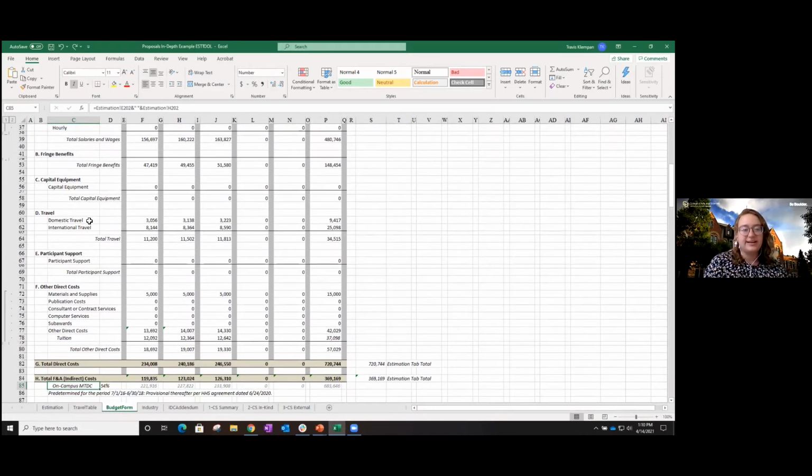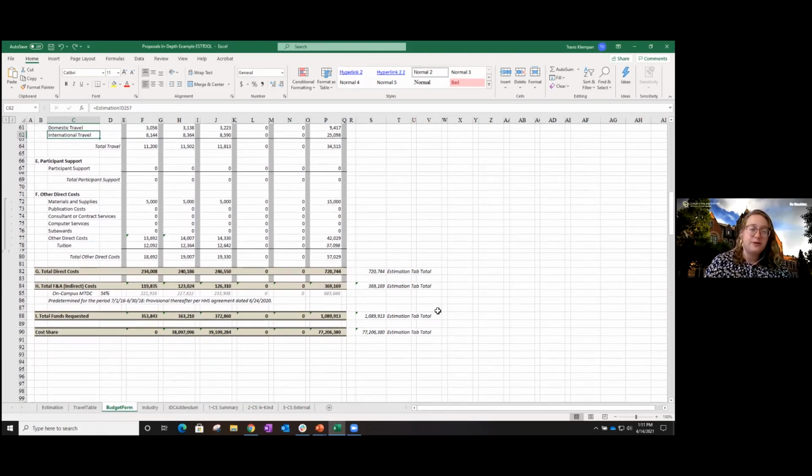So if you look at travel, we now just have total for domestic, total for international, which is what most sponsors require we provide them in their budget forms anyways. So this one can be used to send to a lead when we're a sub on a project, or if you're working with an industry partner, this is a good option for you.